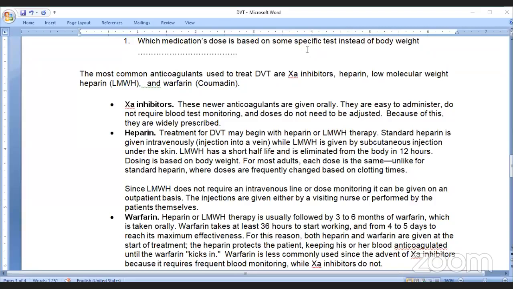Here people are saying warfarin, heparin. Some of you are saying warfarin, some of you are saying heparin. So please try to give one answer. All of you should write your answers because this is the way to learn, okay? The best way to learn is participating.